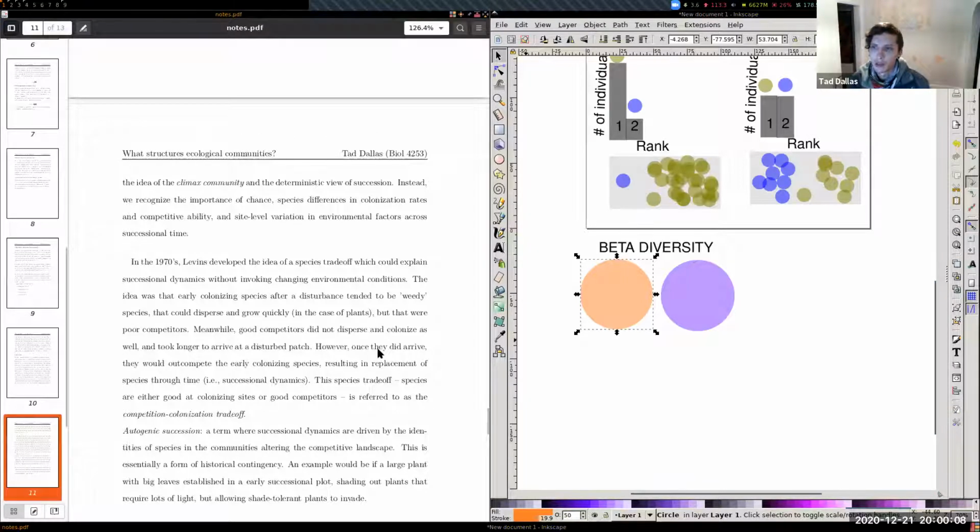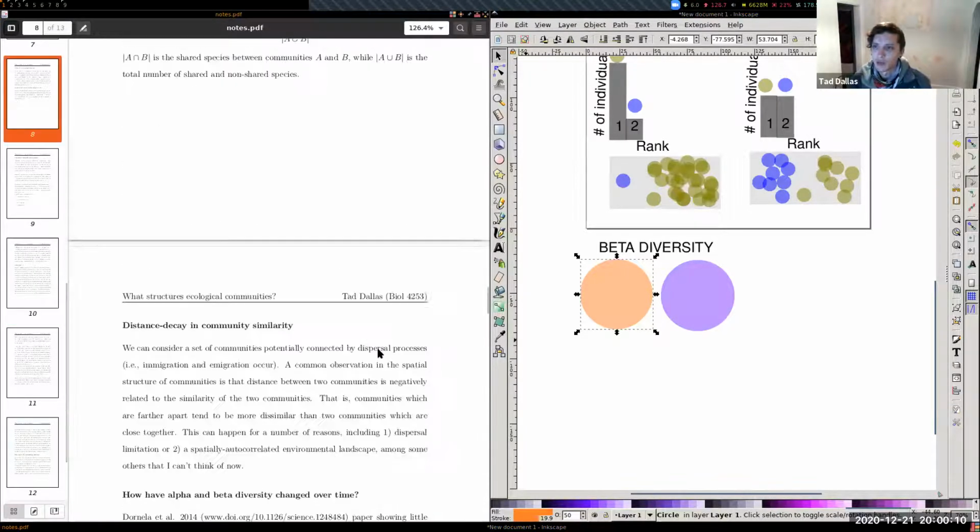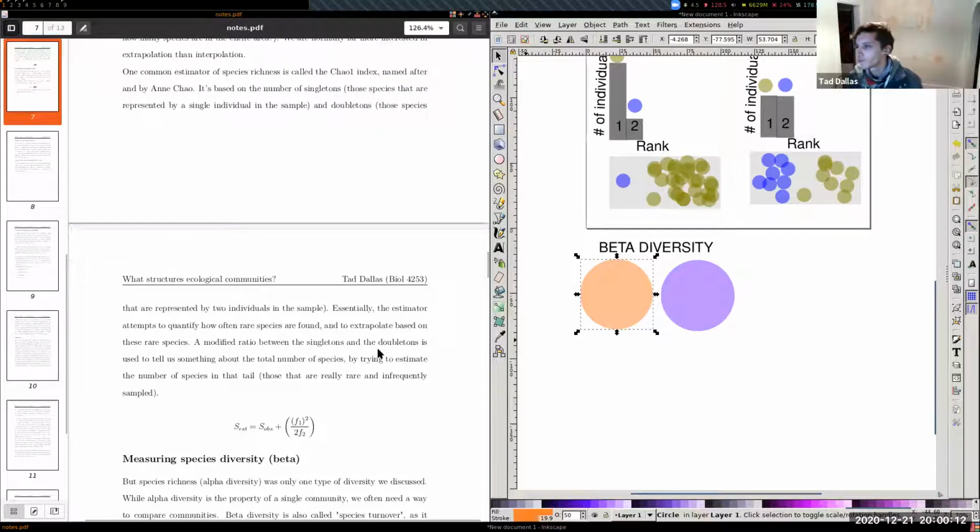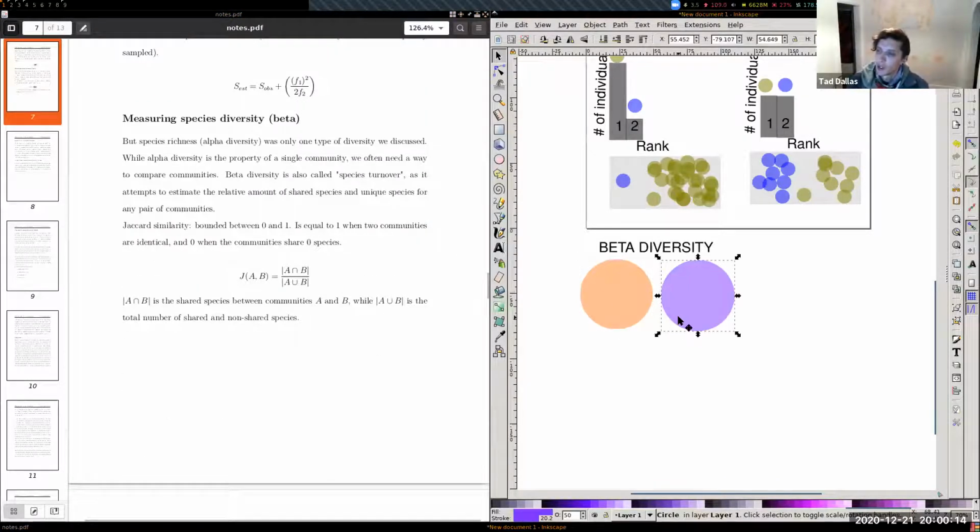No, I'll probably say it in the same breath because I think we're doing good. We're pushing along. Okay, so one common measure of beta diversity is called Jaccard similarity. It's bounded between 0 and 1, where 1 means that the communities are identical, and 0 means the communities are completely dissimilar.